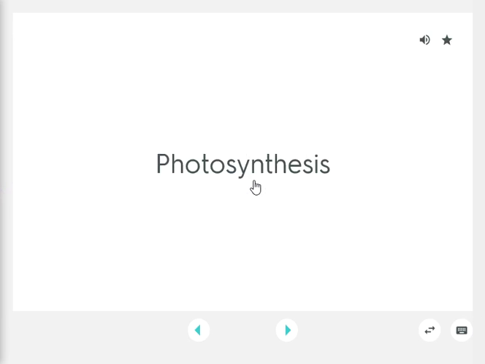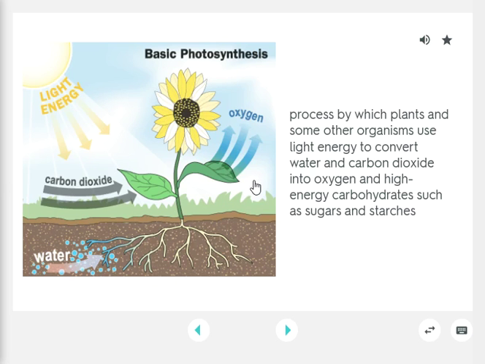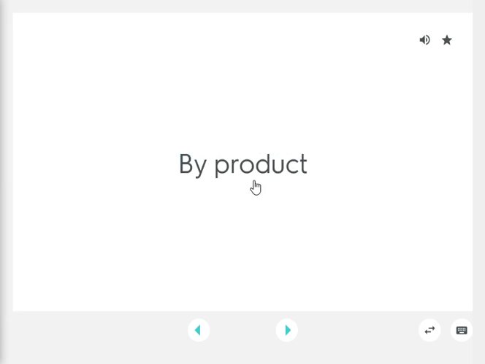Photosynthesis. Photosynthesis is a process by which plants and some other organisms use light energy to convert water and carbon dioxide into oxygen and high energy carbohydrates such as sugars and starches. Byproduct.